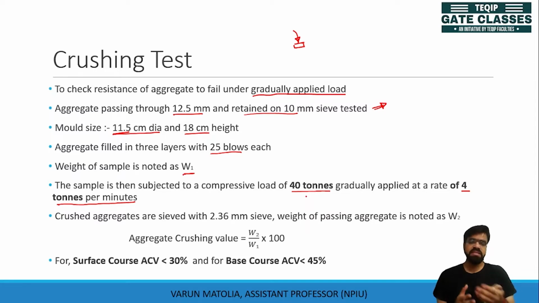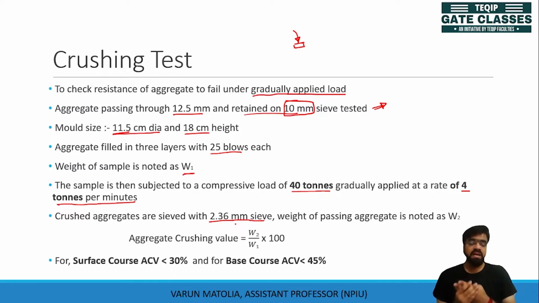Now, after this load, the sample is sieved through 2.36 mm sieve. Here you can see the size of aggregate is not less than 10 mm. But what we are doing, we are sieving the aggregates from 2.36 mm sieve. This means the aggregate must have crushed.